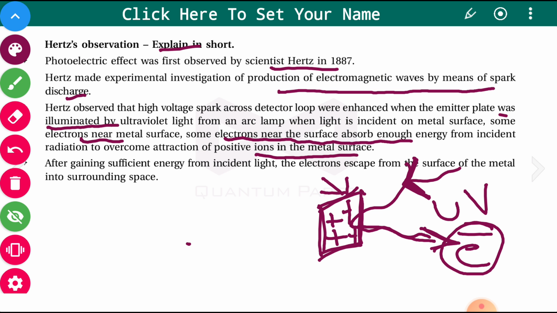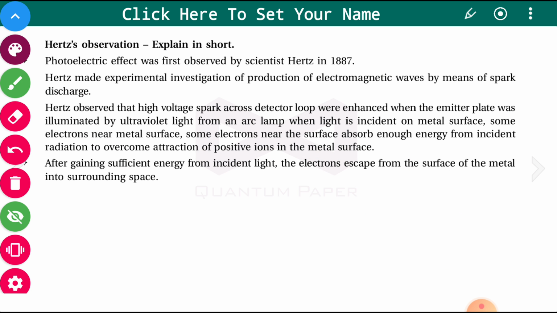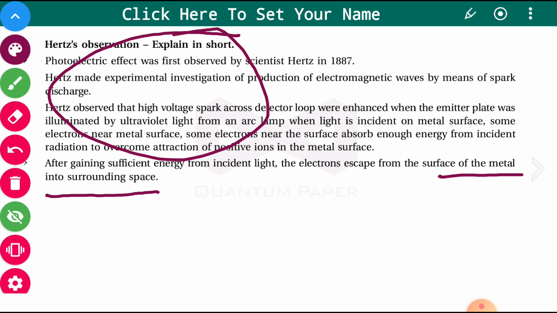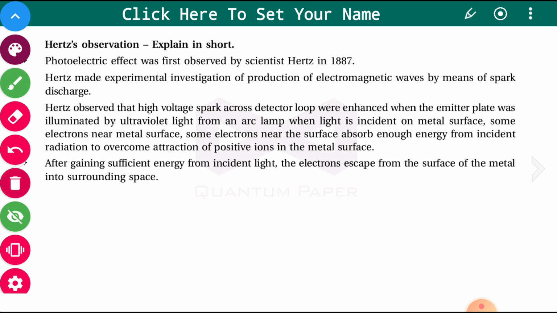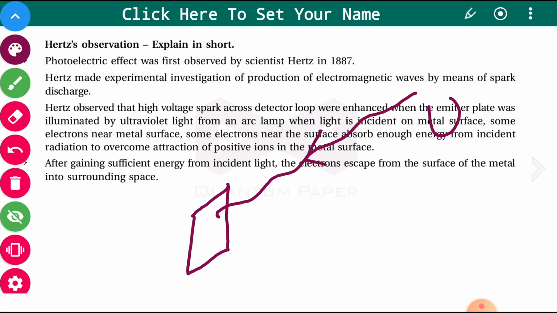Gaining sufficient energy from incident light, the electrons escape from the surface of the metal into surrounding space. This was the observation of Hertz: when the metal surface was illuminated by ultraviolet light from the arc lamp, electrons were ejected and the metal surface became positively charged.